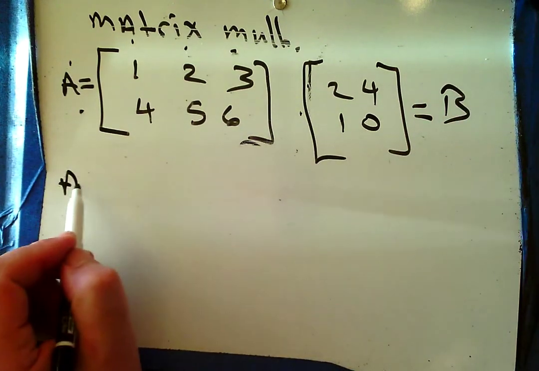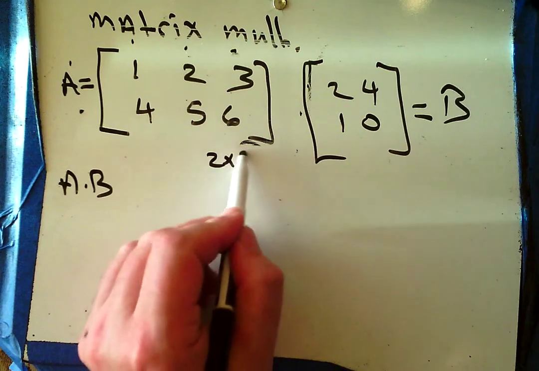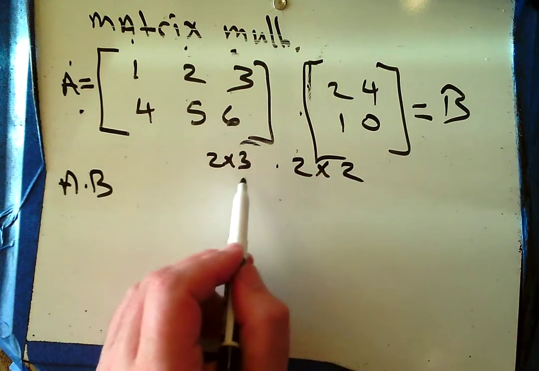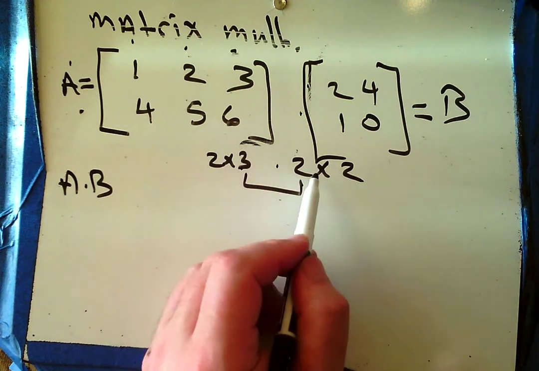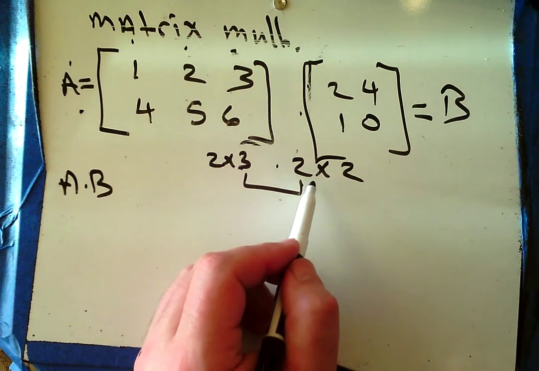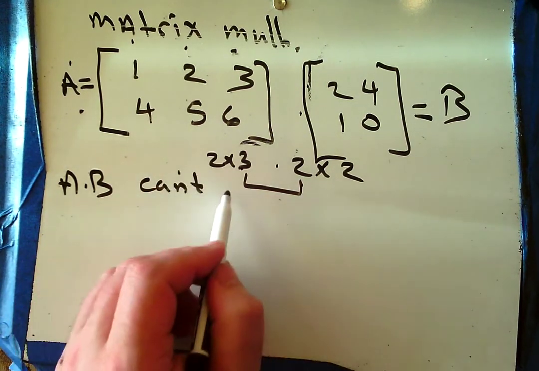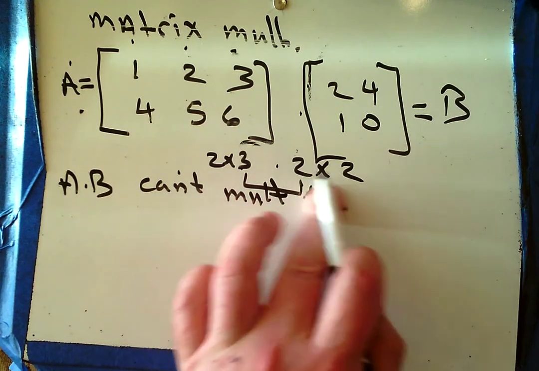So now A times B is going to be this 2 by 3 times this 2 by 2. Well, these numbers aren't the same. The number of columns in matrix A isn't the same as the number of rows in matrix B, so I can't multiply here.